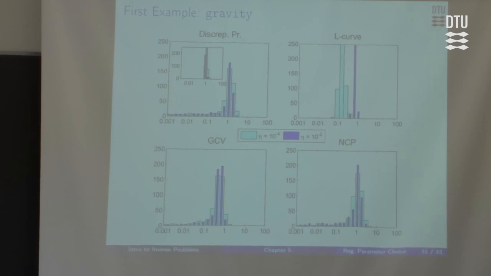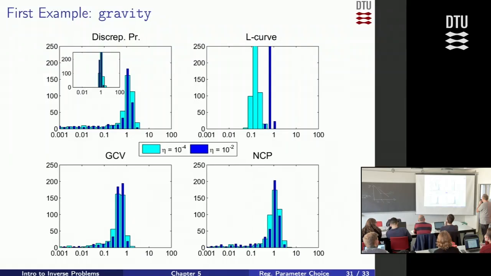Okay, why don't we start with something nice? The NCP criterion in the bottom right corner, where you see that really the mean of the behavior is at 1.